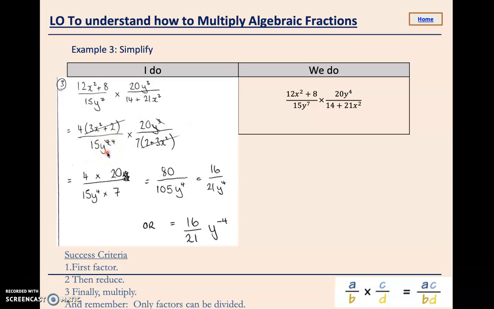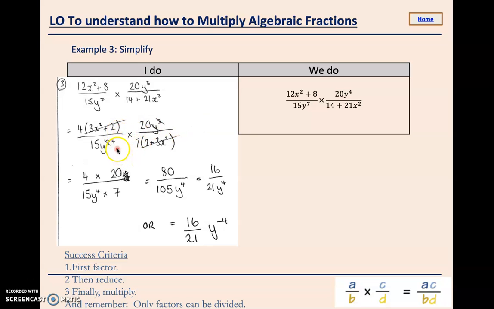The way that we figure that out is we take away the powers. So this y to the 3 takes off our y to the 7, and it makes it y to the power of 4. So we end up with 3 minus 7, we end up with minus 4. And the minus obviously accounts for the fact that it's on the bottom of our fraction.